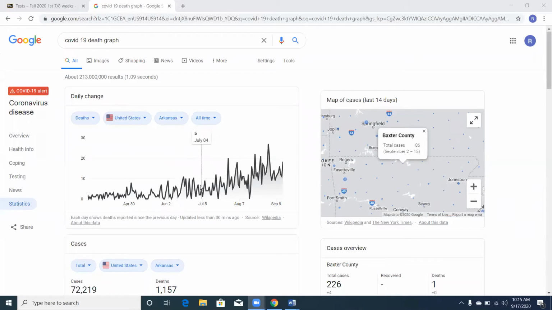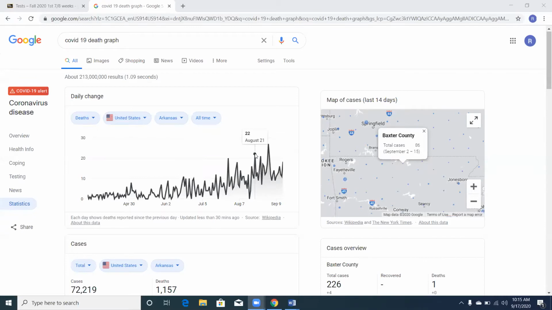Now, I want to go from here, and then I'm going to go to this peak right here, right? Notice this. If I go from July 4th and make a secant line from here to the 21st of August up here, it's going to have a really high positive slope, which is what we're trying to find, because now we're in the camp of, hey, this is a lot worse than it actually is.